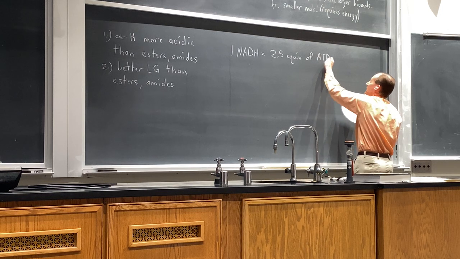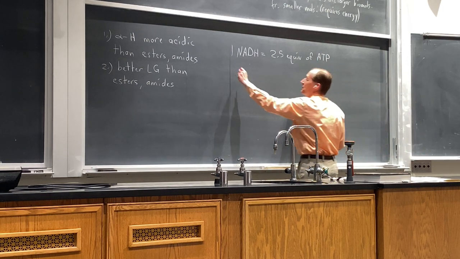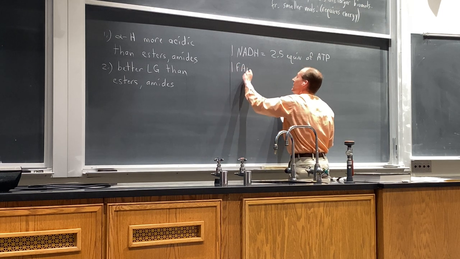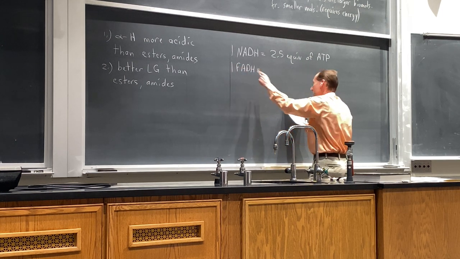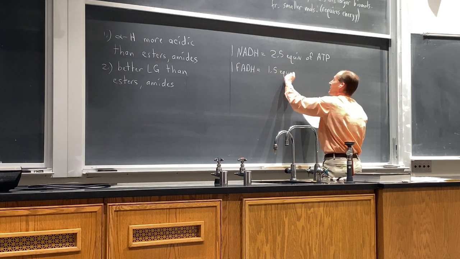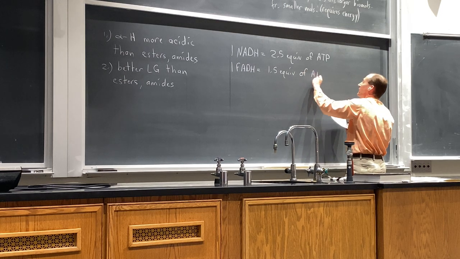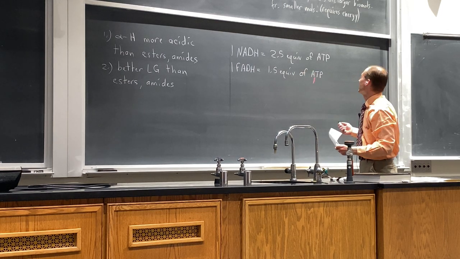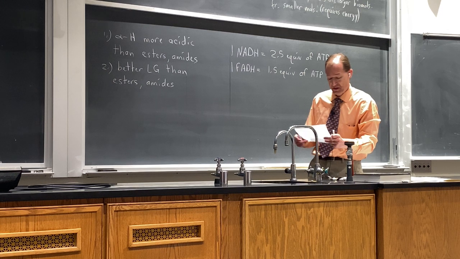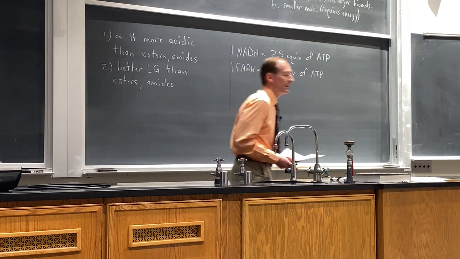Okay, you might wonder how it can get half an equivalent of ATP. We're not going to go into that. We're just going to understand the energetic equivalence here between these reduced coenzymes and ATP molecules. And then FADH2 is going to be able to deliver energy equivalent to 1.5 equivalents of ATP. So these molecules are sources of energy as well.